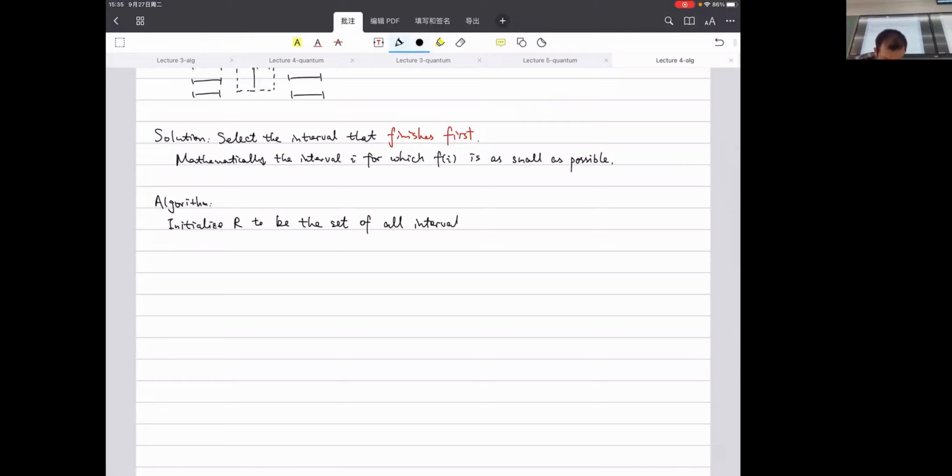Initially, it is the set of all intervals, and we are going to make sure that this is maintained in a sense that we get a correct set here. So while this R is not empty, we choose I from R that has the smallest fi.